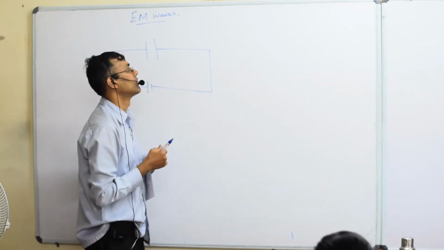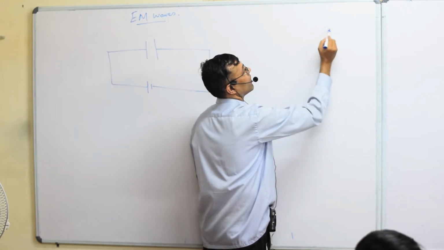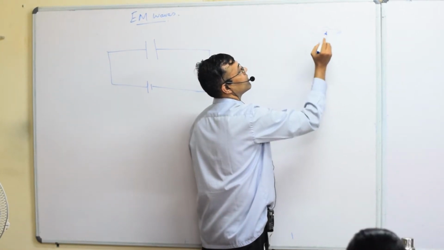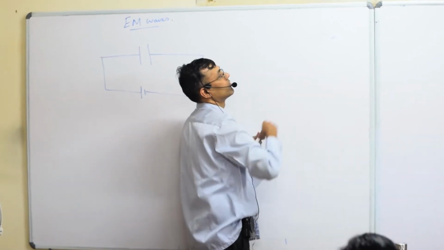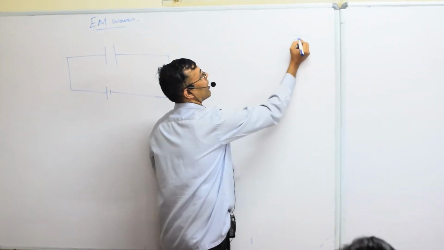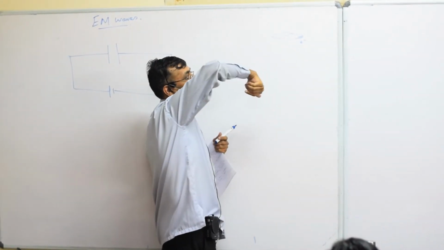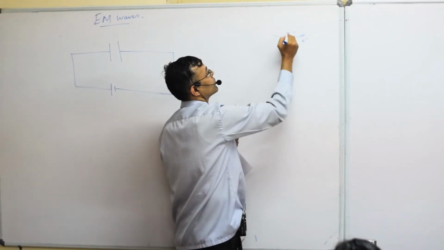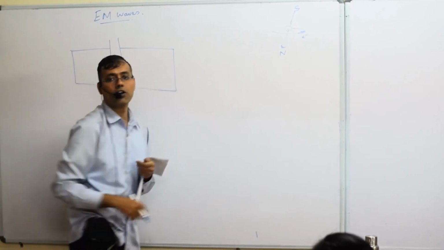So this is my nucleus, the electron is spinning around like this. So that means current is flowing like this. The electron is going this way, which means current is this way, which means the thumb shows this way. So that is my north. And this is south. That is what is called an atomic magnet.